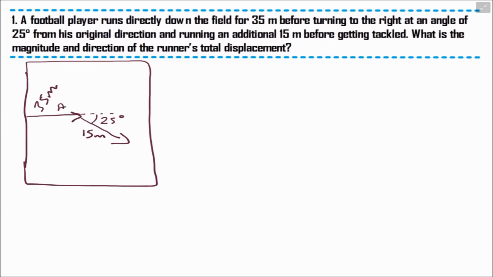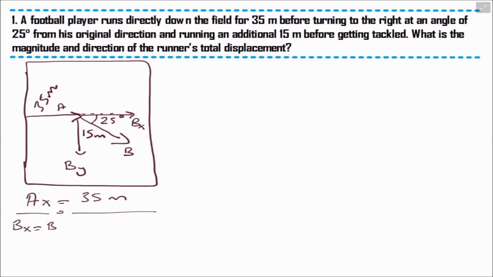Let's say this is the vector A and this is the vector B. First of all, we're going to calculate the components of vector A and vector B. This is the x component of B, and this is the y component of B. The vector A has only an x component. Its y component is 0 because it lies on the x-axis. So Ax equals 35 meters, directly. And Bx equals B times the x component, the adjacent, so we will use cosine 25.